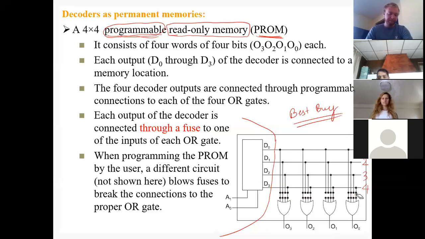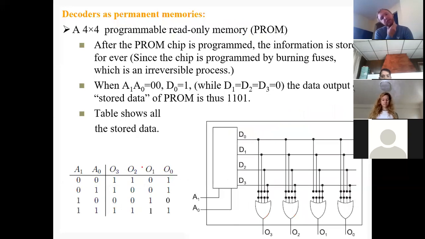So why did I blow it the way I blew? I'll talk about that in like 15 seconds. I did that because I wanted to get this output. I wanted to store this data in my memory card.